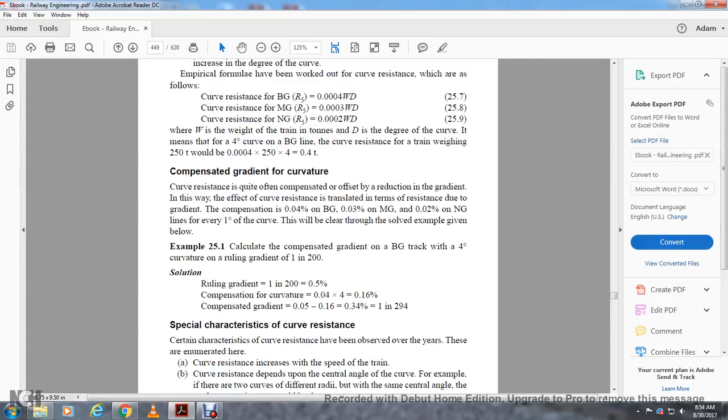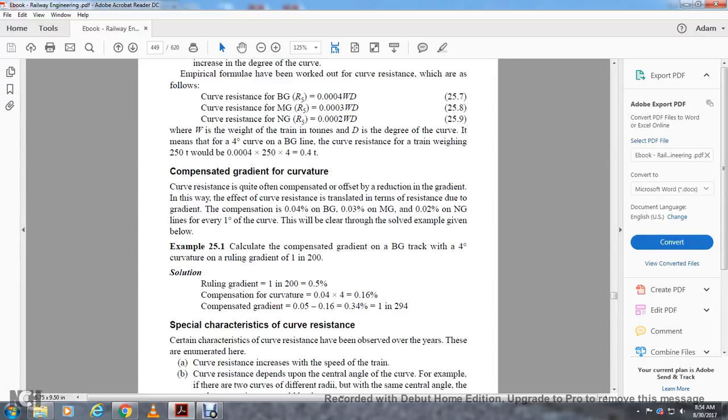Compensated gradient on curves. Curve resistance can be compensated by a reduction in the gradient, in which the effect of the curve resistance is translated in terms of the resistance due to the gradient. The compensation is 4/100 of a percent for broad gauge, 3/100 for meter gauge and 2/100 for narrow gauge, for every one degree of the curve. This will be clear from the solved example below.